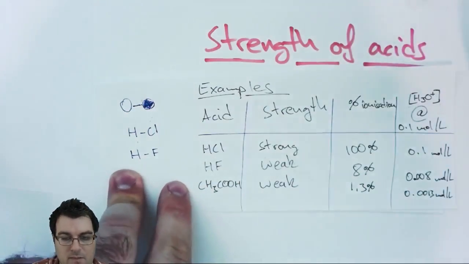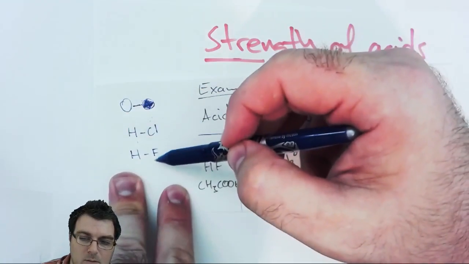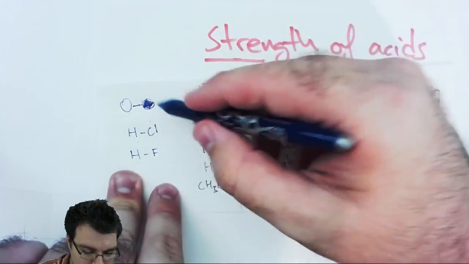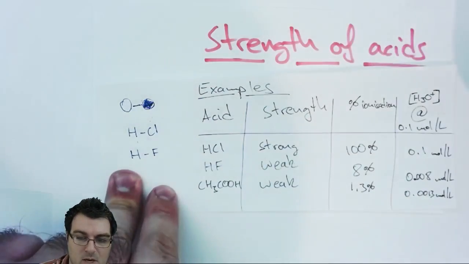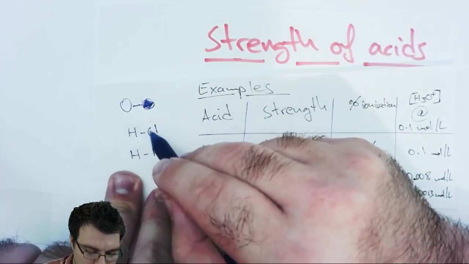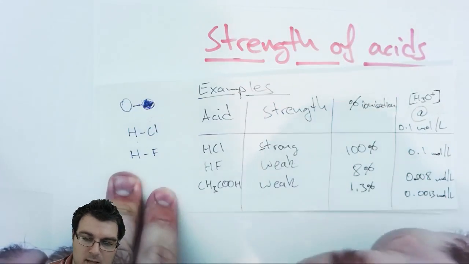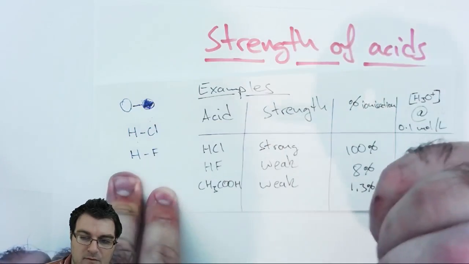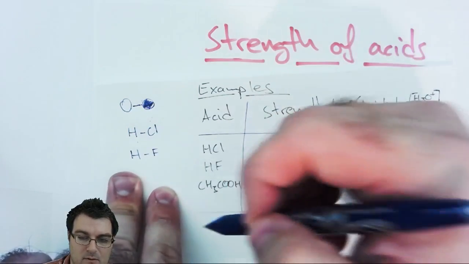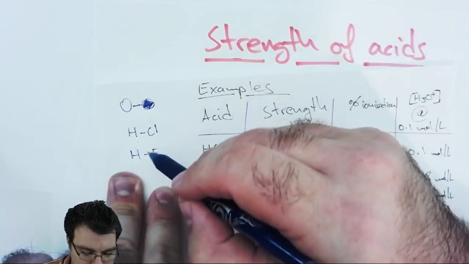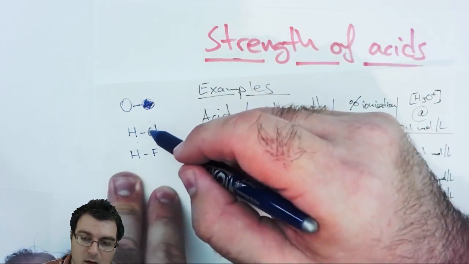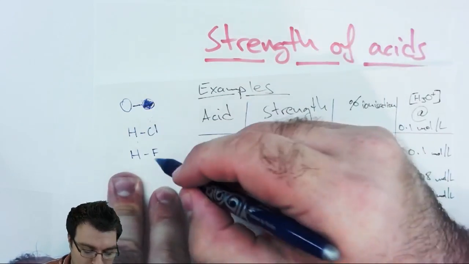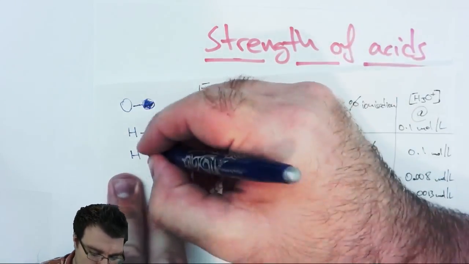Now, the difference between these 2 molecules is really very small, because they're very much the same shape, roughly the same size. But the difference, of course, is these 2 halogen atoms. What makes HF a weak acid, whereas HCl is a strong acid, comes down to the electronegativity of these 2 atoms, with fluorine being the most electronegative atom on the periodic table. It does not like to give away its electrons.